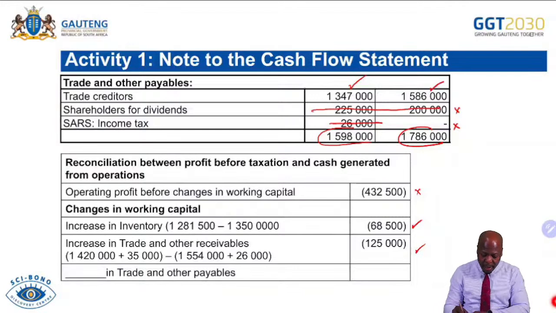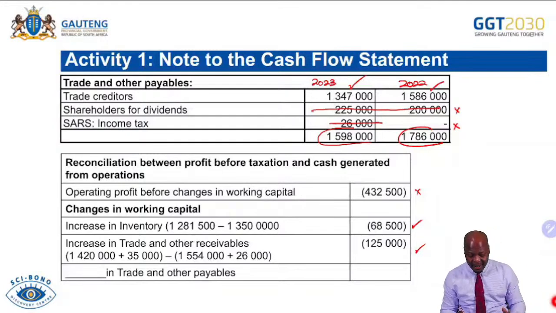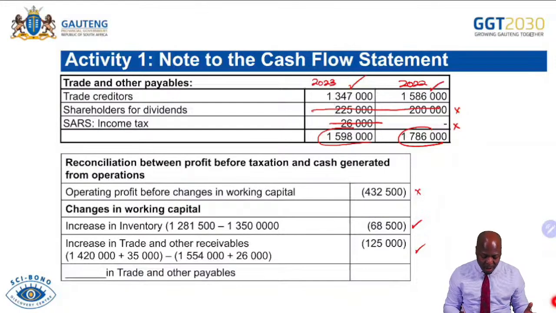If you look at the 2022 figures, which is this one, and you look at the 2023 figures, what do you see? Do you see an increase or a decrease? You can see here it's 1,586,000 and here it's 1,347,000. What do you see? It has gone down, isn't it?